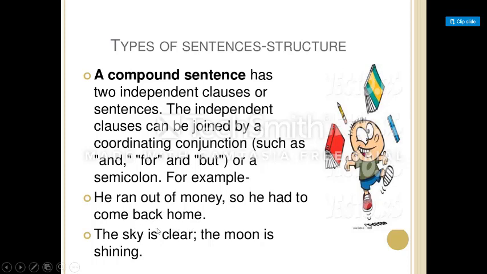The sky is clear, the moon is shining. You can also write it as, the sky is clear and the moon is shining. Why? Because we can see the moon when the sky is clear. You have the choice that sometimes you can go for a semicolon to compensate for the conjunctions as well, right?